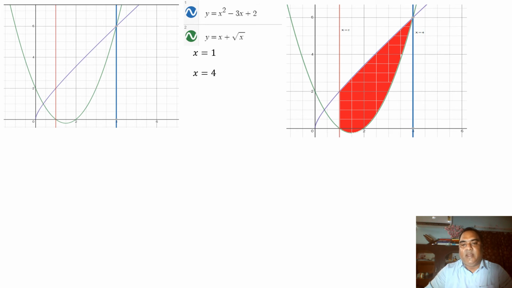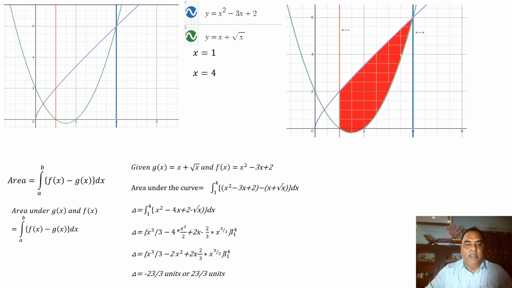This means we don't have to integrate from one of the roots, rather we integrate from x equal to 1 to x equal to 4 in the direction of the x-axis. The same simple rule is applied, and by doing so we get the area as 23/3 units.